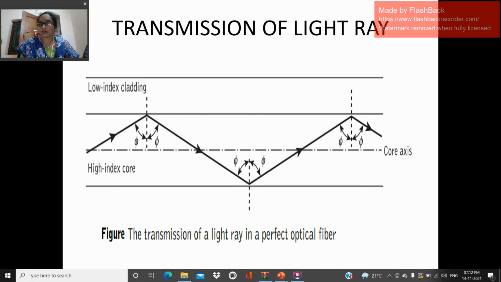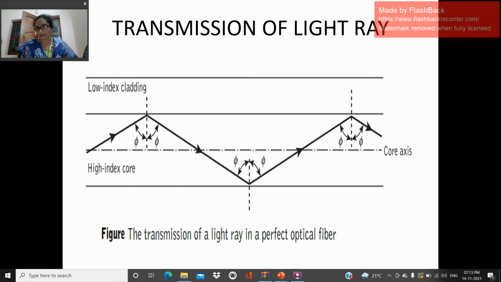Inside the core material, how does the light propagate, or how is the light transmitted inside the core axis? The high index core ray, with some angle, touches the boundary of the core, that is the low index cladding material, and it is again reflected back. The arrow mark shows the direction of the ray.